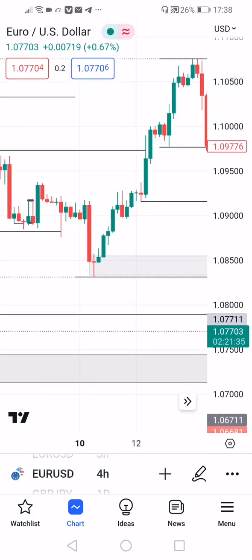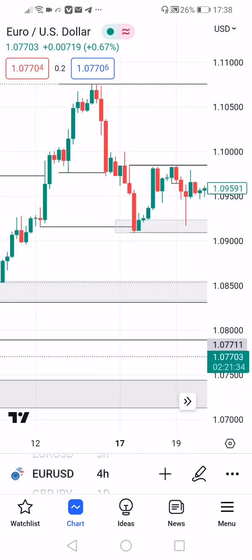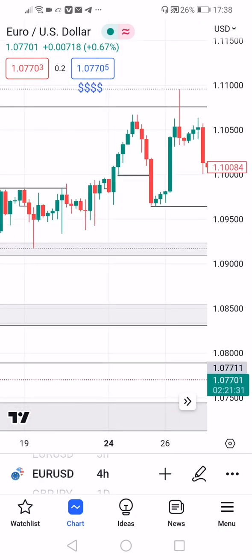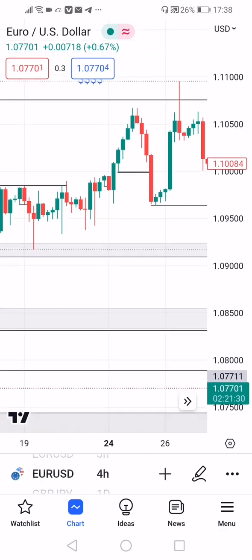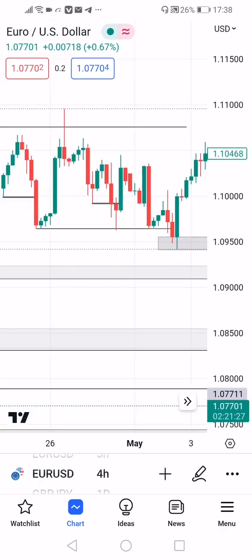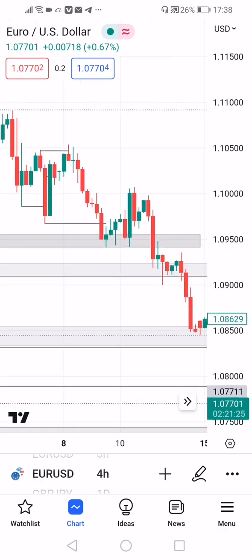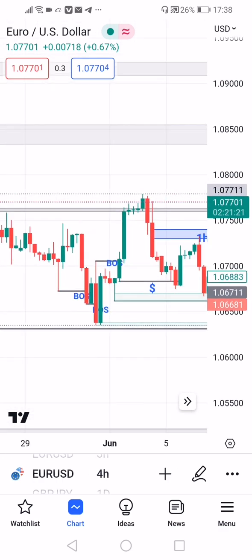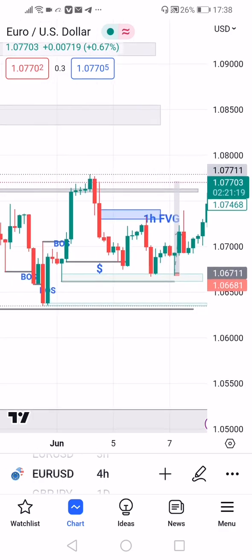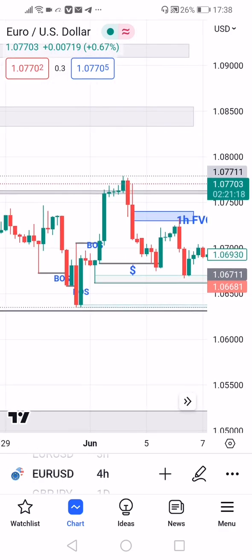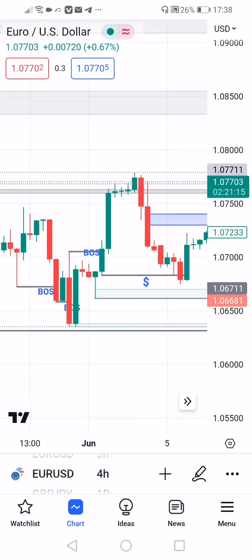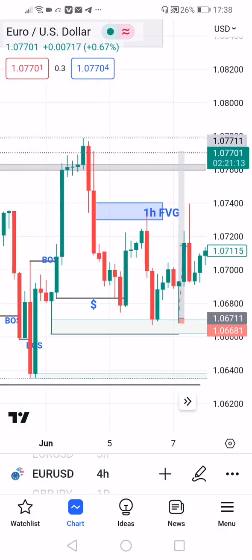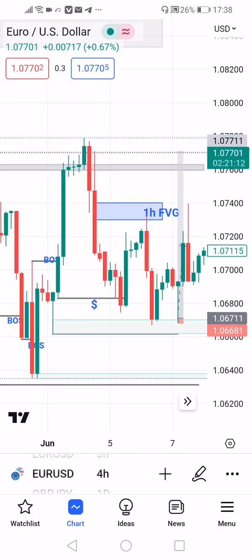I don't know if I can go through the breakdown, because in most cases I do my analysis on my computer, so it gives me a hard time to use my phone to analyze. But I think you can see how I mark my charts. What you're seeing on the chart, I was just teaching somebody.